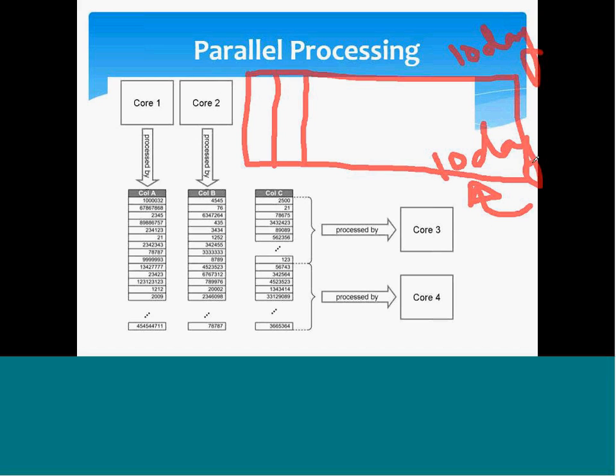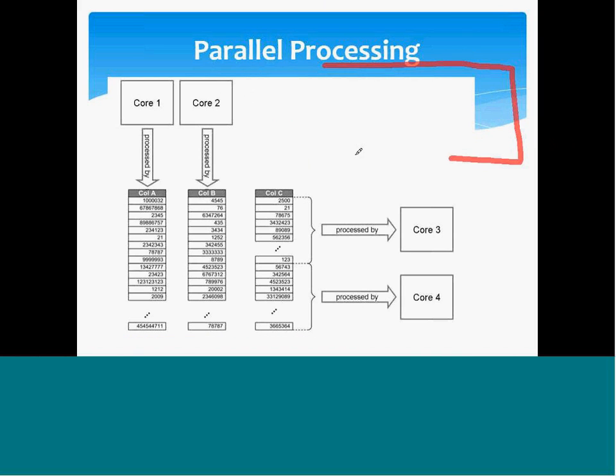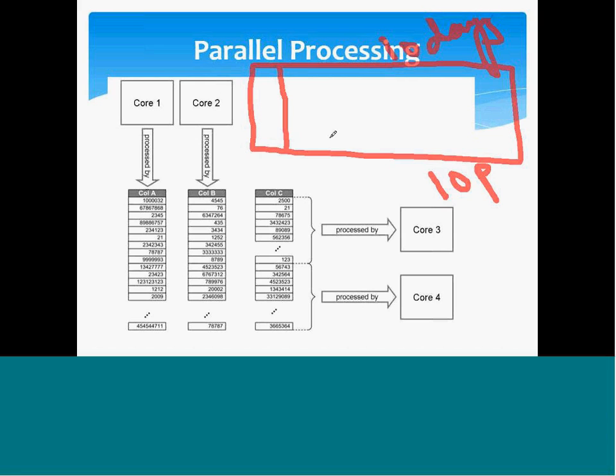Let me repeat one more time: in one day I can build only this part of the wall. If I have to build the whole wall, I need 10 days. But if I hire 10 people, I can build the whole wall in one day. That is called parallel processing.